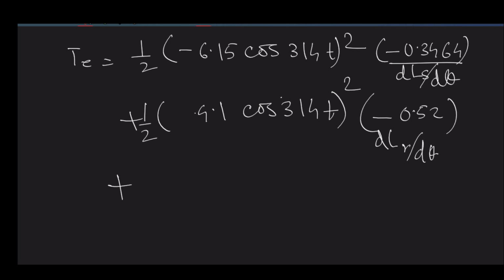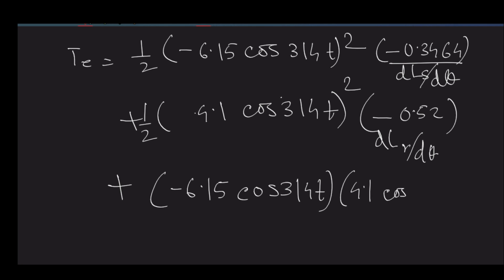Then we have to write the last term, that is IS into IR into dMSR d theta. So what is dMSR d theta? That was minus 0.693 from our previous calculation.